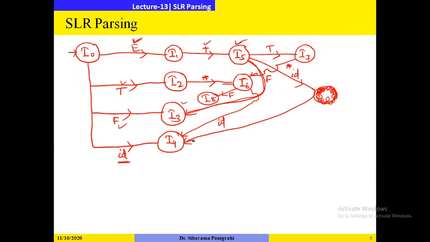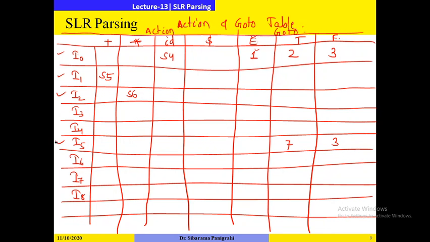Where does it go? It goes to I4. So here we will write S4. Okay. So if it is a variable, we will simply write 1, 2, 3, those numbers. If it is a terminal, we have to write shift plus the state number. Okay. S4 or S5 or S6 like this.